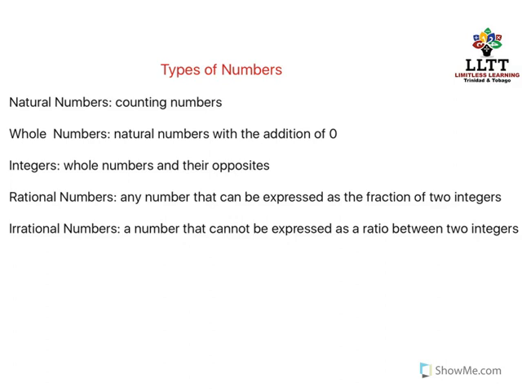So our natural numbers start at 1, 2, 3, 4, 5, and so forth. When we talk about whole numbers now, we add 0 into the mix. So our whole numbers are different from natural numbers. Now, all natural numbers are whole numbers, but not all whole numbers are natural numbers, because if I pick 0, which is a whole number, it's not a natural number.